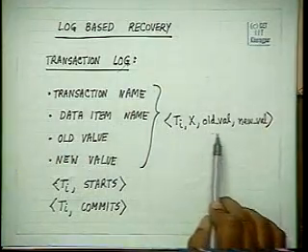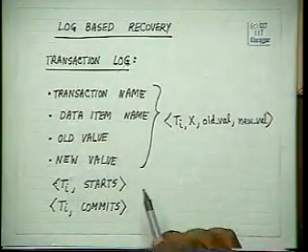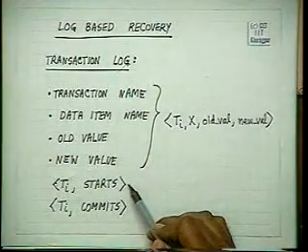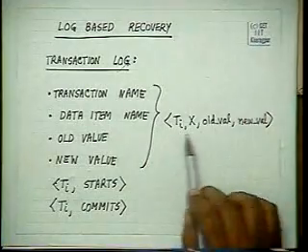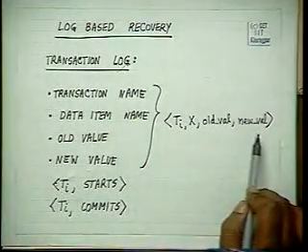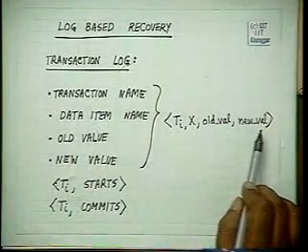So for any transaction, in the transaction log, we will write down when the transaction starts and what data is modified. This data modification corresponds to the write statements: this was the old value, this is the new value.